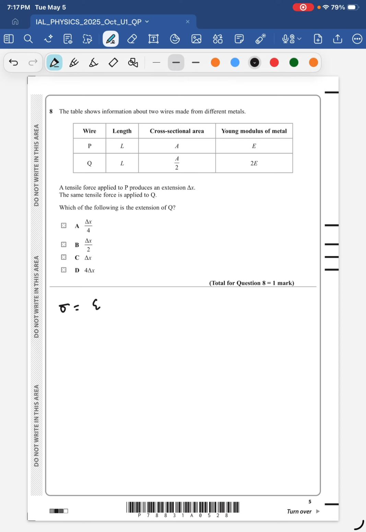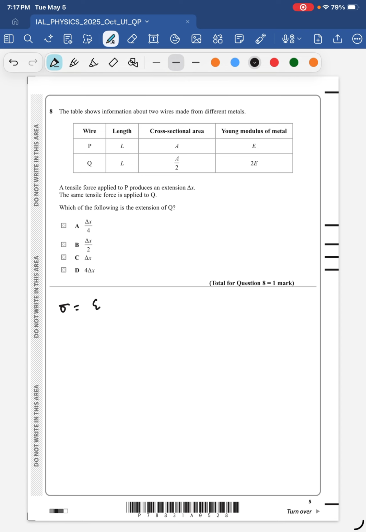So delta X in general is equal to the force times length over the Young's modulus times the cross-sectional area. Now for P, delta X P is going to be equal to the force times the length over the Young's modulus times A.